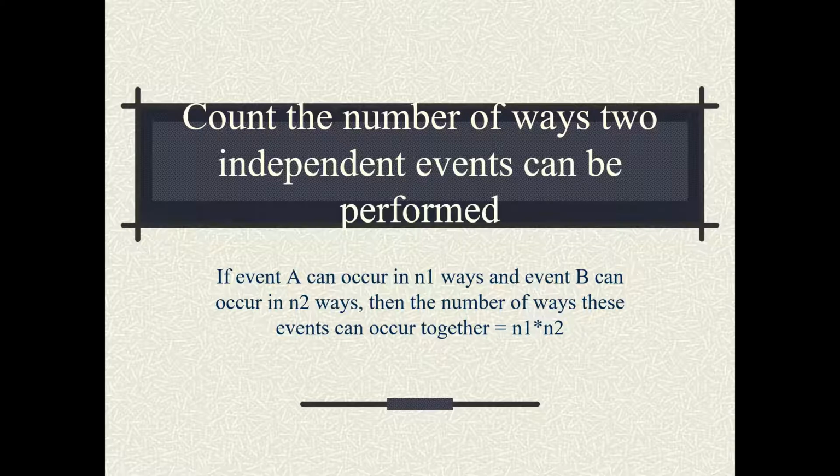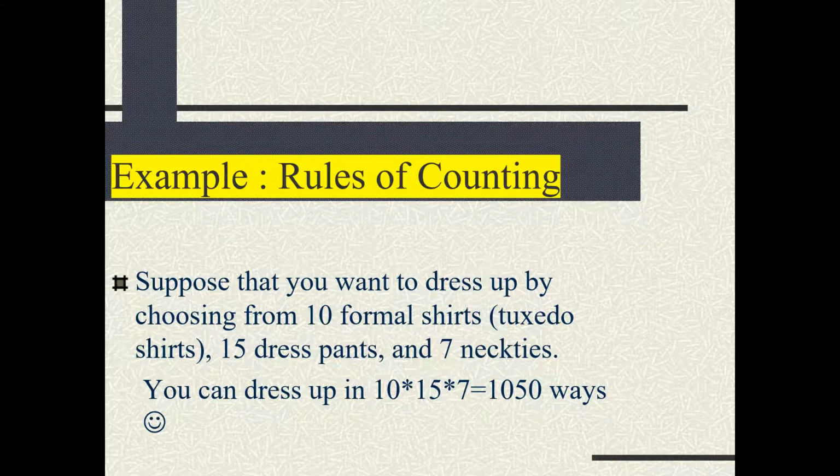So let's further clarify this rule with the help of one applied example. Suppose we want to dress up and we have 10 choices for tuxedo shirts or the formal shirts. We have 15 dress pants and 7 neckties. So in how many different ways can I dress up?